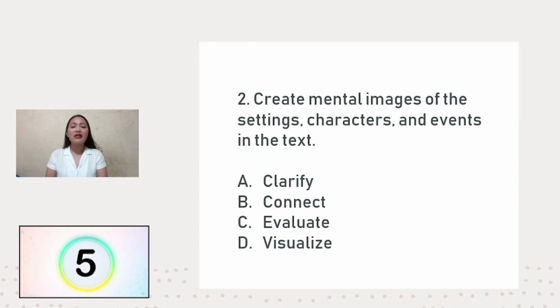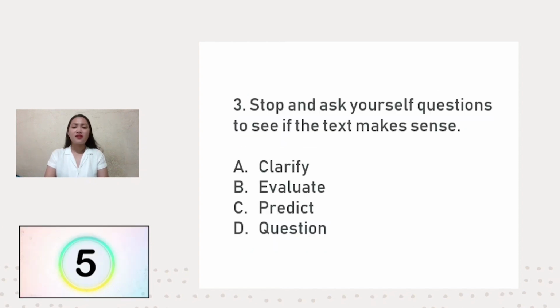A. Clarify. B. Connect. C. Evaluate. D. Visualize. Number 3. Stop and ask yourself questions to see if the text makes sense. A. Clarify. B. Evaluate. C. Predict. D. Question.